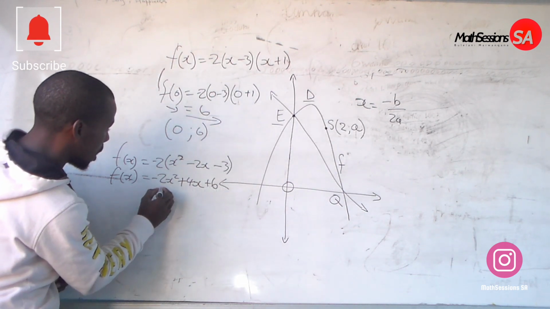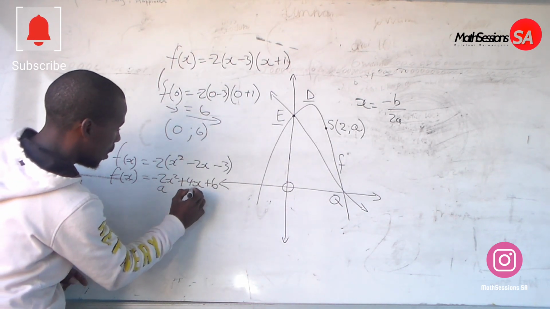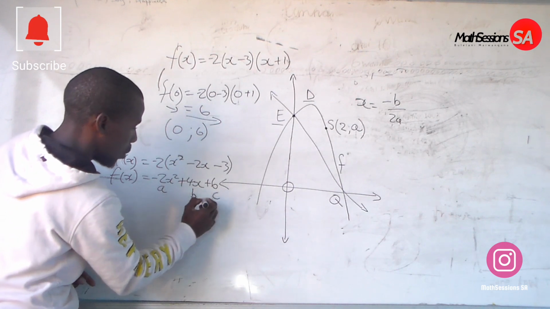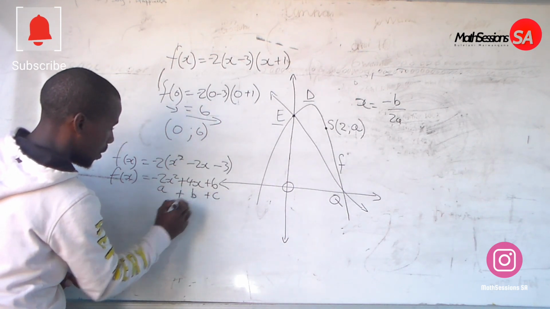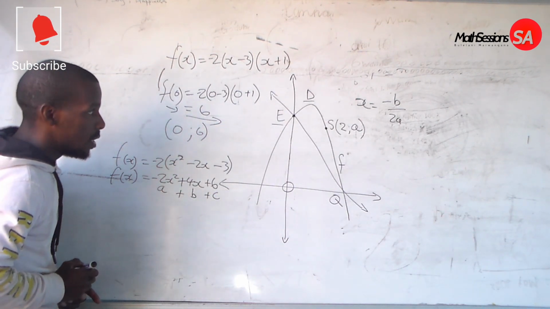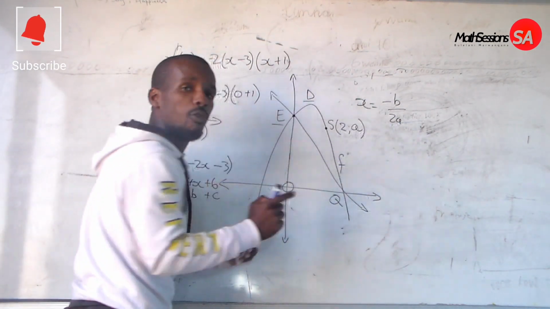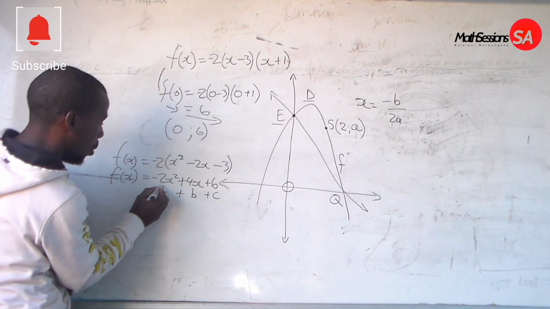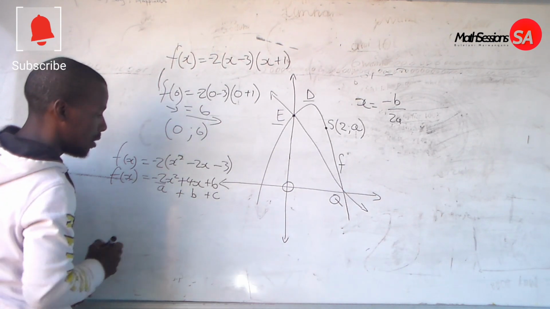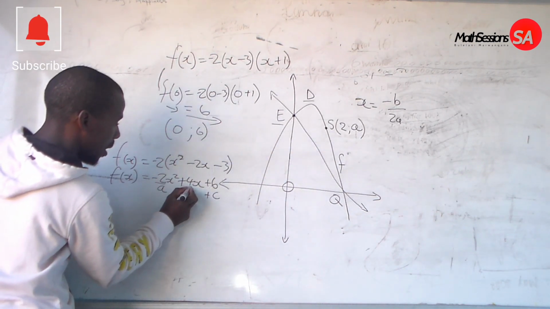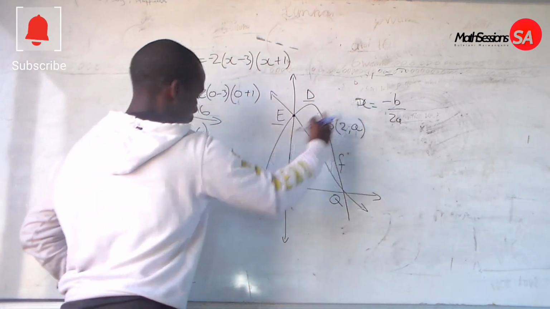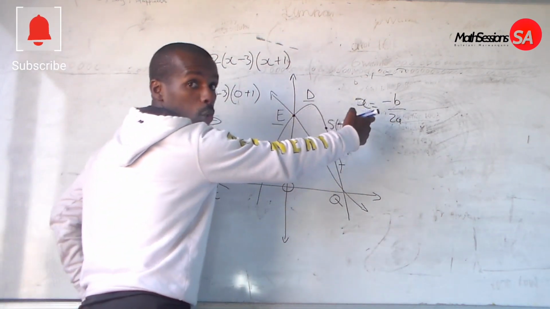At this point we have A, at this point B, at this point C. Now we are going to use the a and b of that form to find the value of x, because we know at A we have a negative 2, at B we have a positive 4. So we substitute what we have.